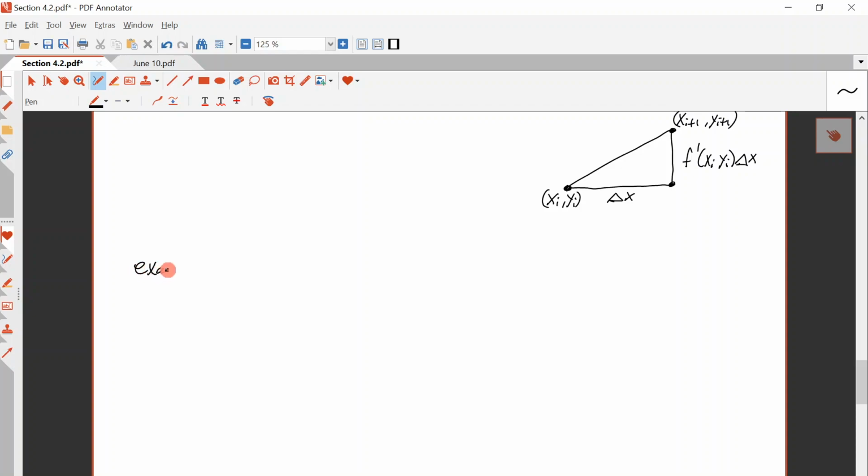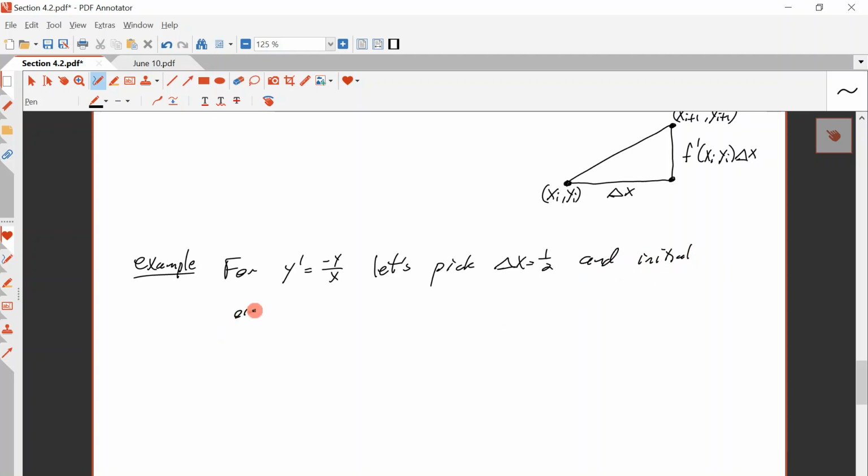So, for example, let's go back to that first differential equation. For y prime equal to minus y over x, let's pick delta x equal to a half and initial point x0, y0 equal to 1, 1.